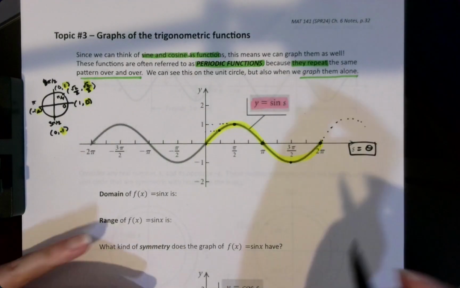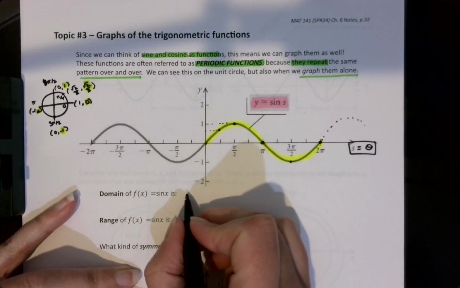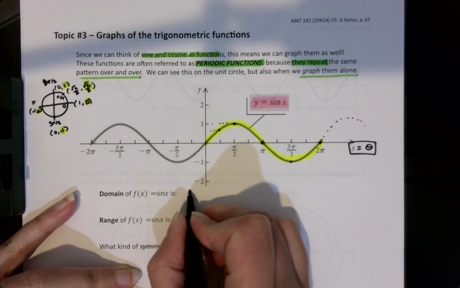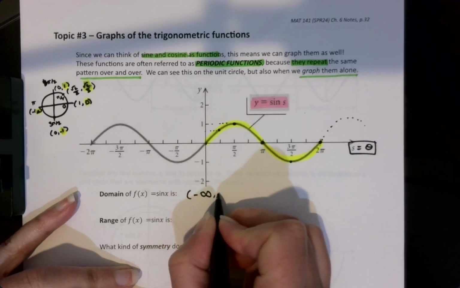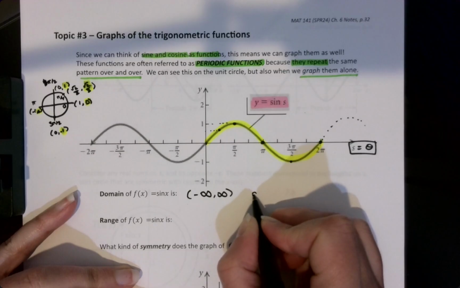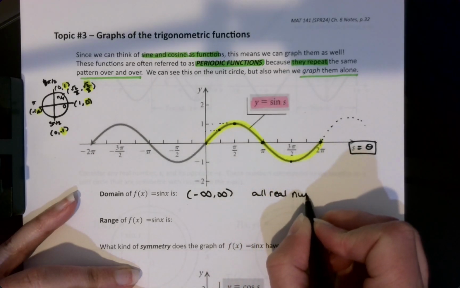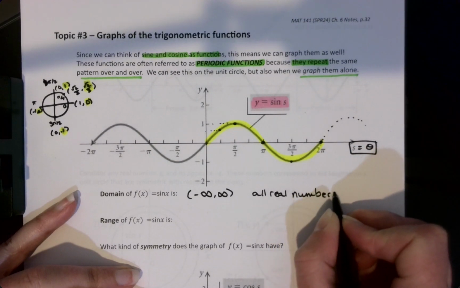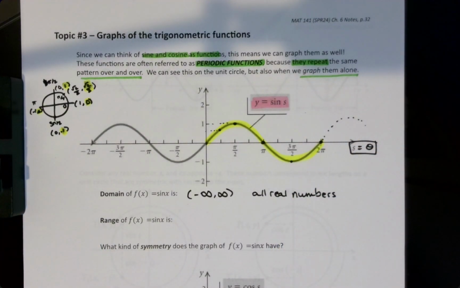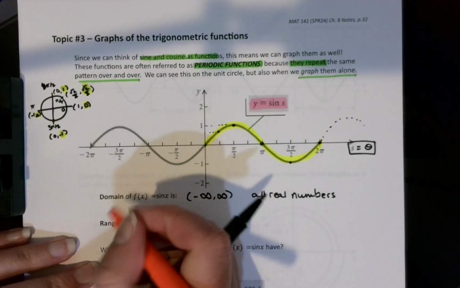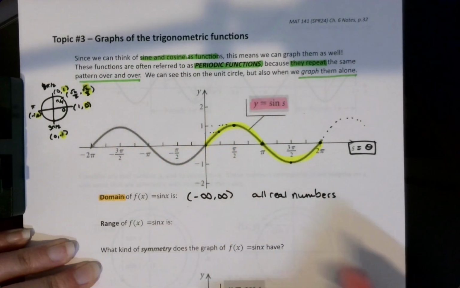This is the graph of sine of x. The domain of sine of x is going to be all real numbers. You can plug any angle in, so negative infinity to infinity, or all real numbers. And then the range of sine of x. So the domain is all real numbers.